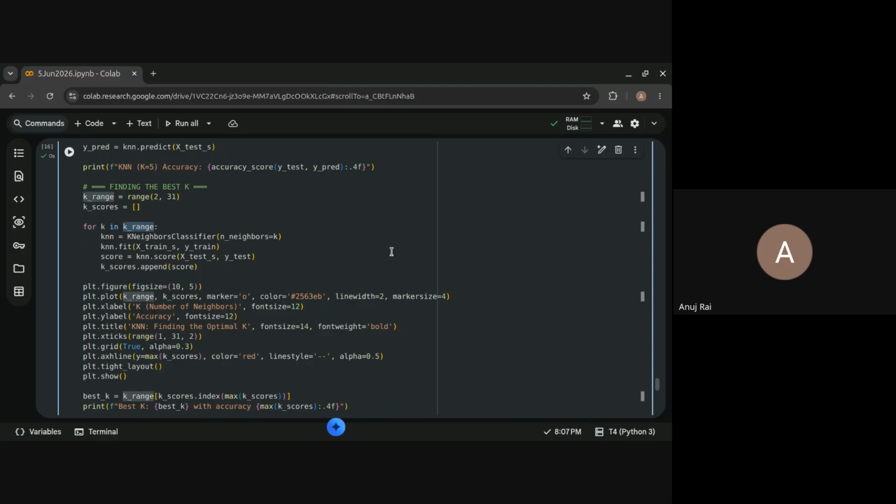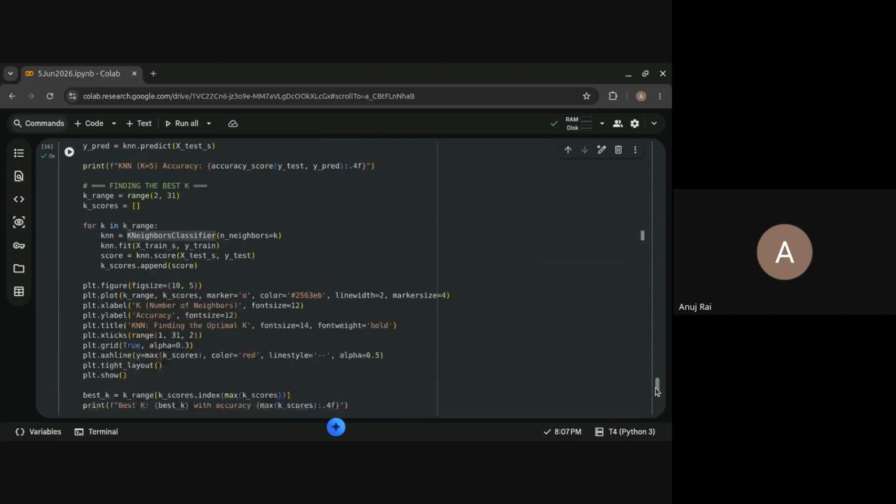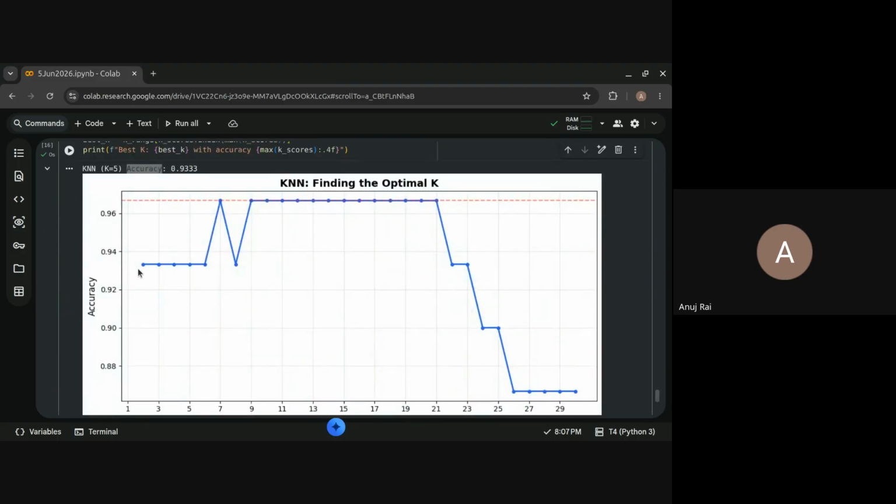So it will try the k-neighbor classifier from 2 to 30 and see how the performance score improves. And then we are plotting that. Here you can see that this is the peak, and at the seventh k-neighbor, the model has improved.